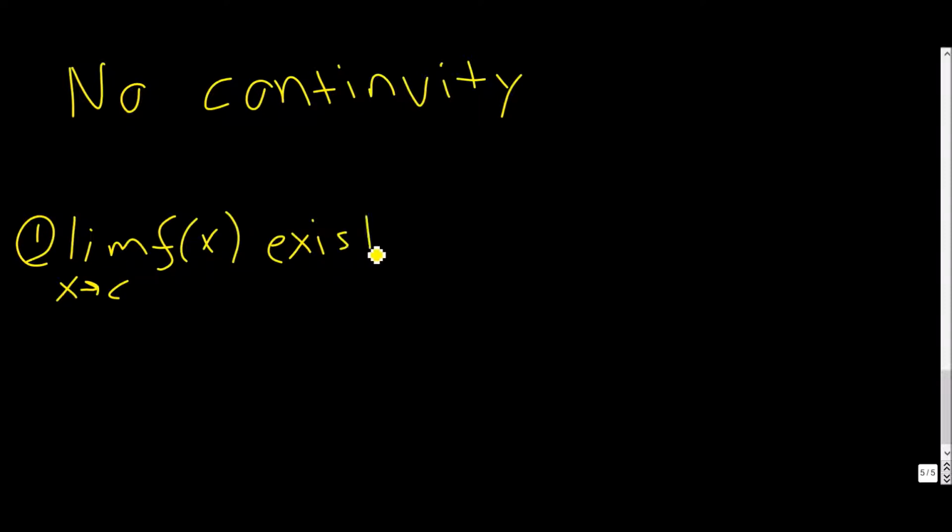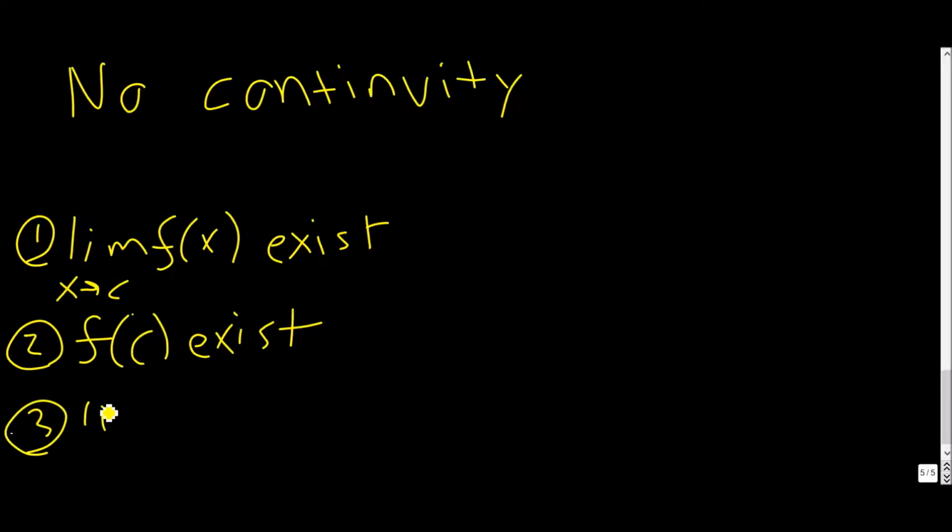The second one, I'm sorry, I mixed up the order. We needed f of c to exist. And three, we need the limit as x approaches c of f of x to equal f of c. Sorry, I messed that order up for you. So how could we do this without having some of the other things?